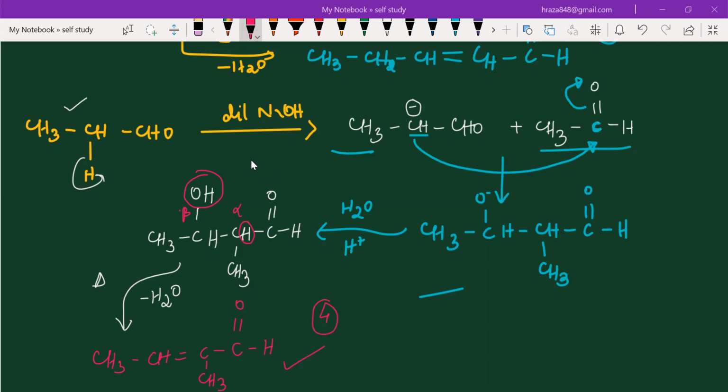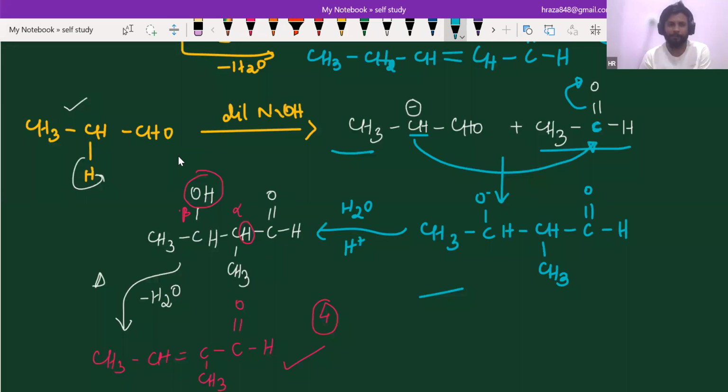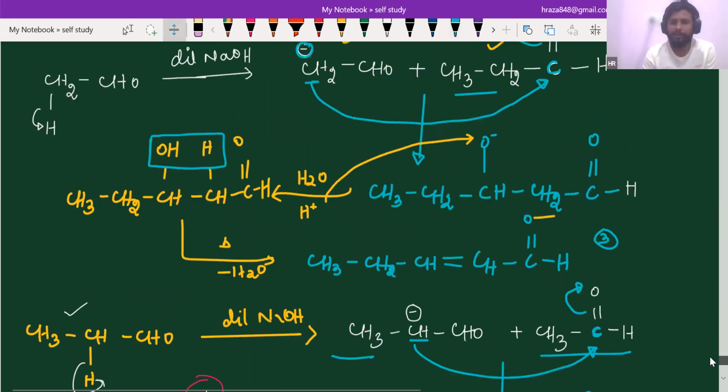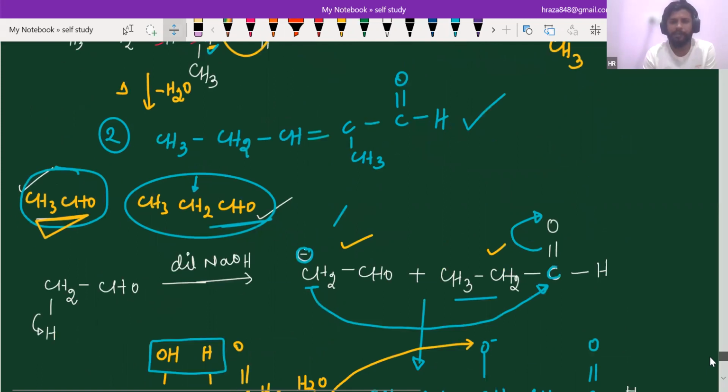Sir, can you explain the third and fourth product again? Yes, I can explain. See, in the first and second, both the reactants are the same. You need to take 2 moles of either ethanol or propanol. But in the third condition, this is the third, right?